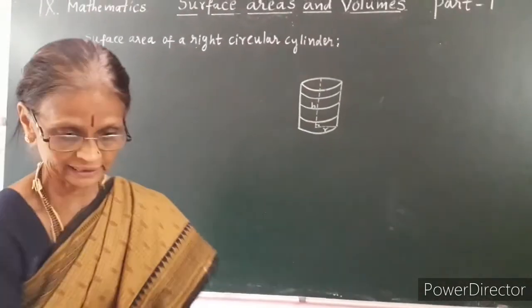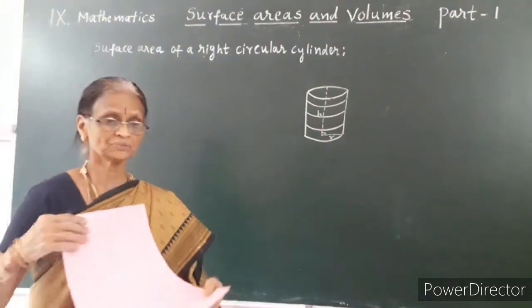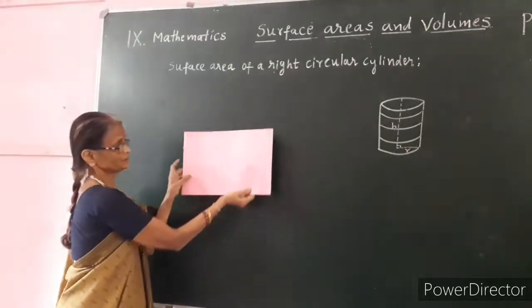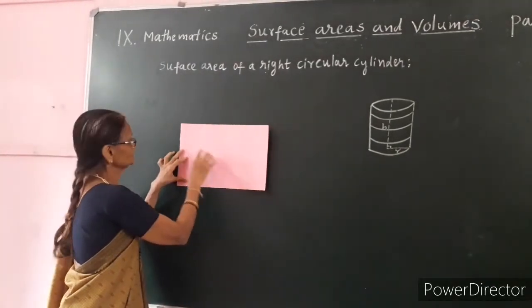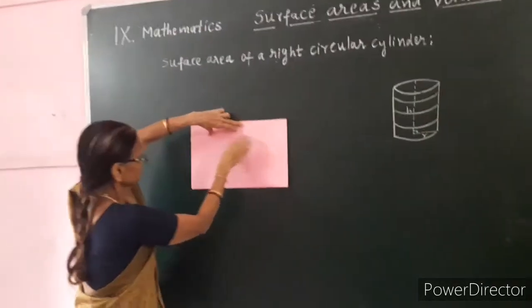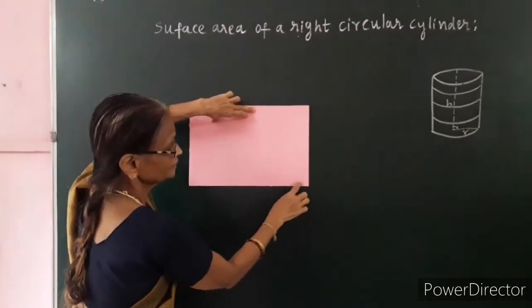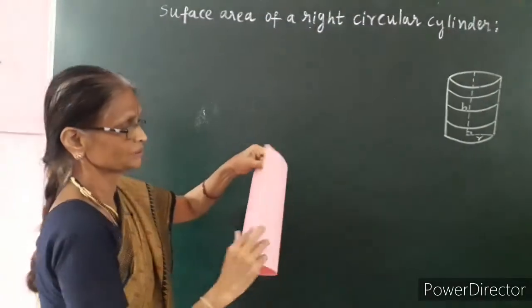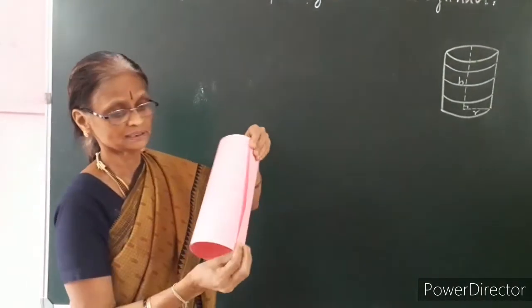Now I will show one activity, how to find out the curved surface area of a cylinder. This is a rectangular sheet. This is the breadth and this is the length of the rectangular sheet. Now I fold the two edges. What does it become, children?